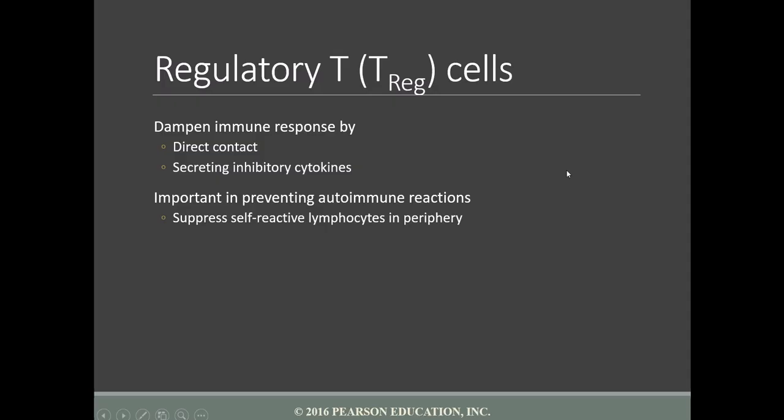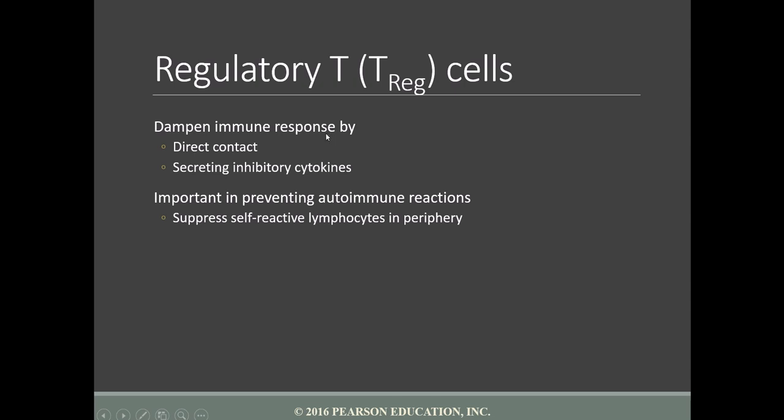The last of the populations of T cells are the regulatory T cells, and they are particularly important in preventing autoimmune diseases. So if your regulatory T cells don't develop properly, then any lymphocytes that are self-reactive, that react to the body's own cells, might not be taken out of commission like they are supposed to.